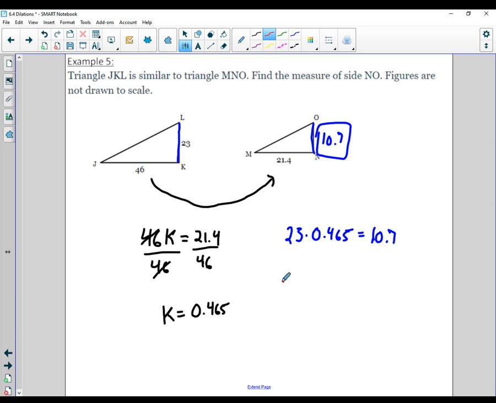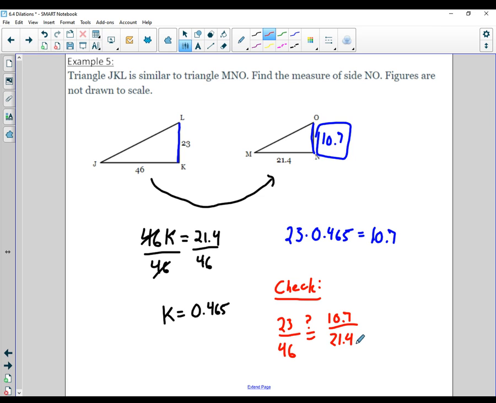If you want to do a check to make sure it's right, we can see if the proportions are the same. So if we do 23 divided by 46, we're asking, does that equal 10.7 divided by 21.4?